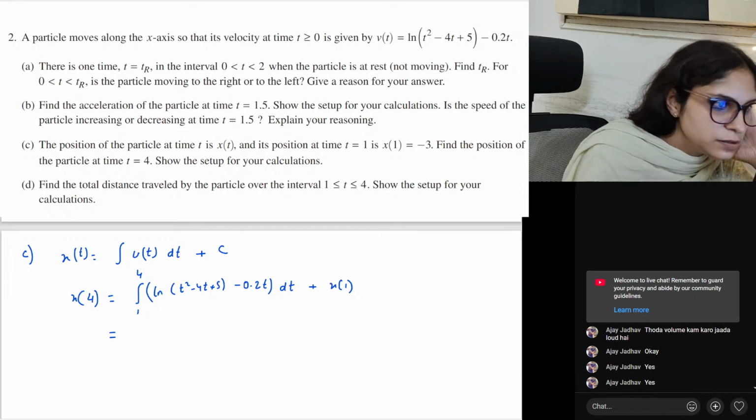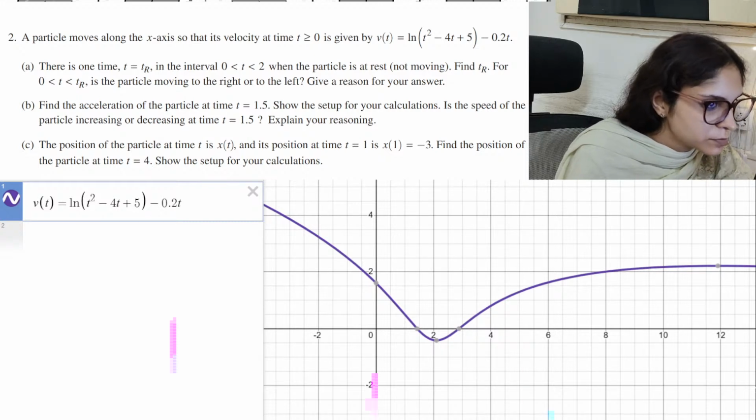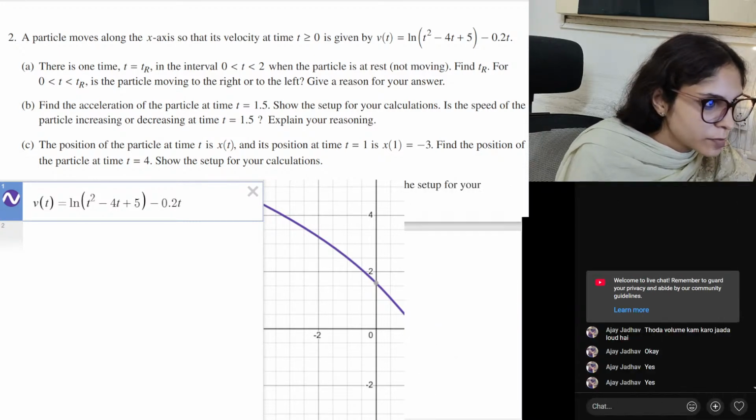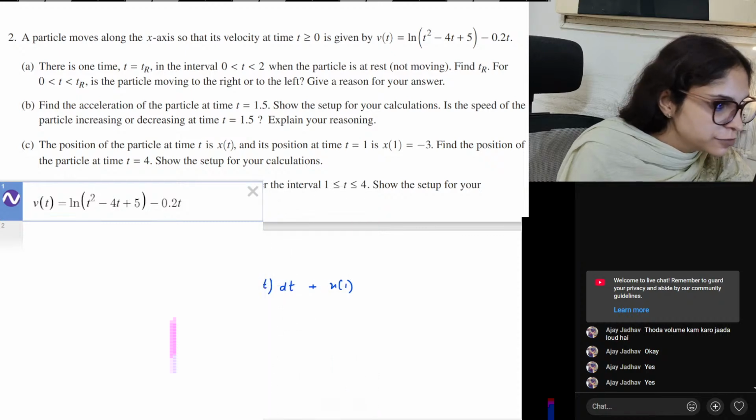And now to find the integral, you can again use Desmos. But over here, we just need the value, so there will not be any need for the graph.